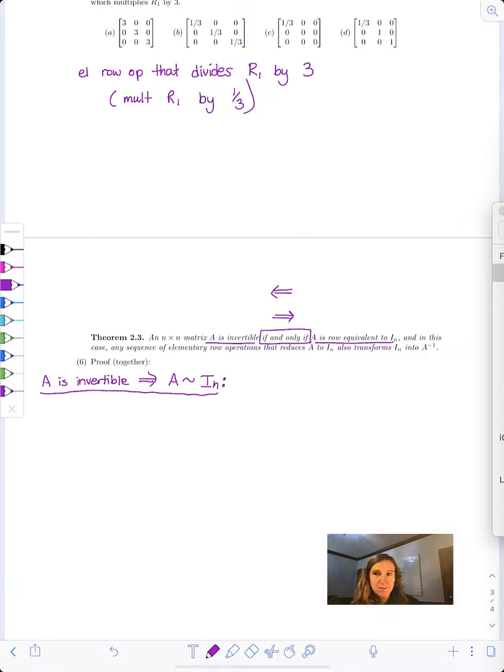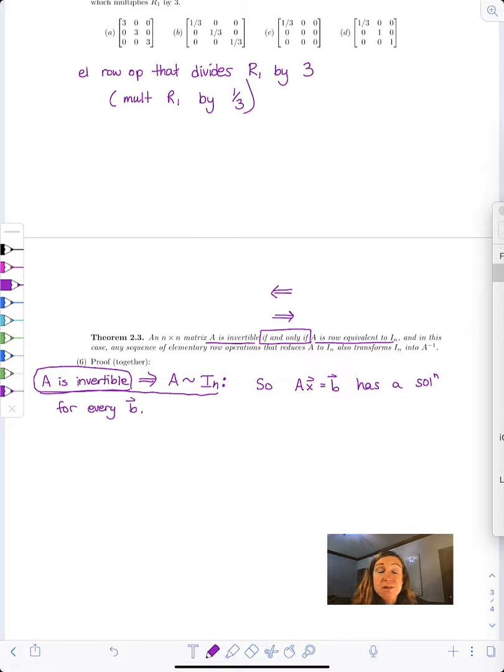Okay, so we know that A is invertible. So that's what we're assuming. And so AX equals B has a solution for every B, right? Because we can always multiply both sides of this equation by A inverse, and you're going to get a solution.